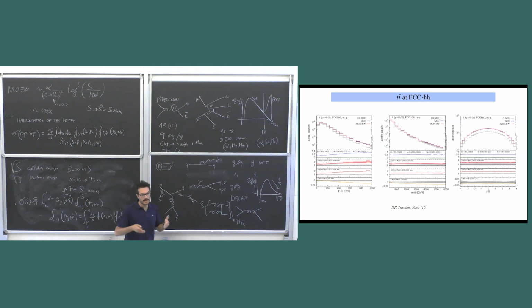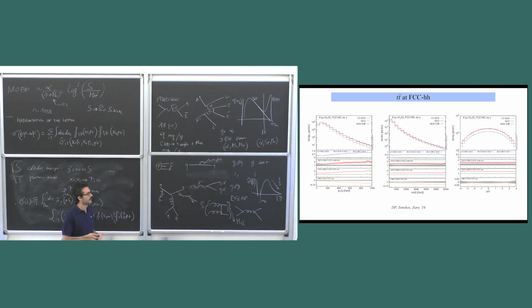So gluons are soft. If you increase the energy of the collider, what you are getting is more events, but not as a fraction of the total cross-section. You are not getting harder tops. It's true that the events are more.